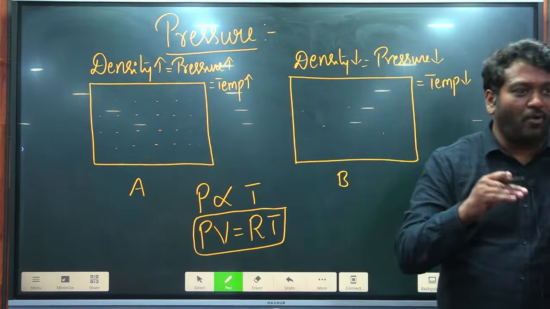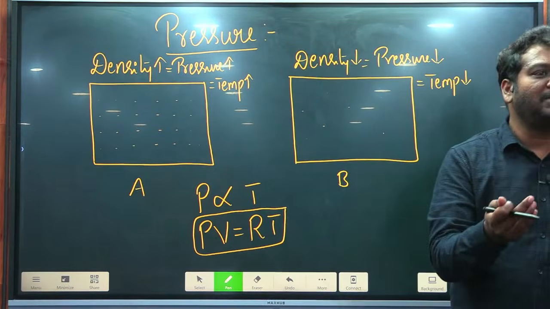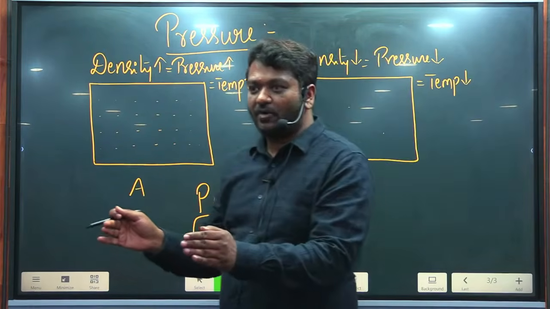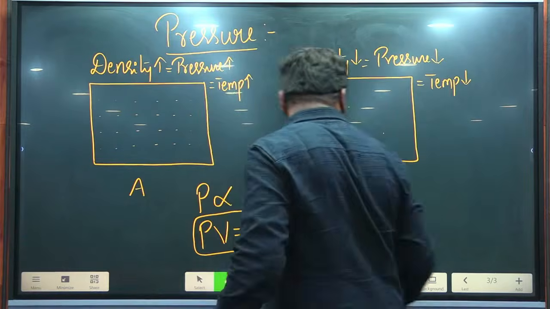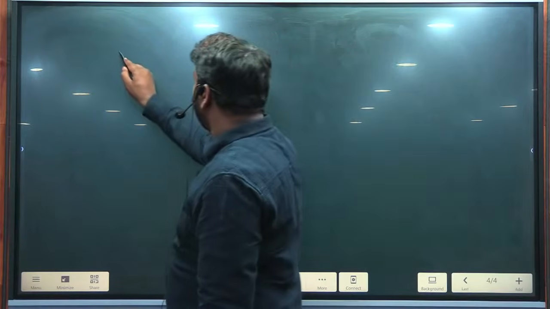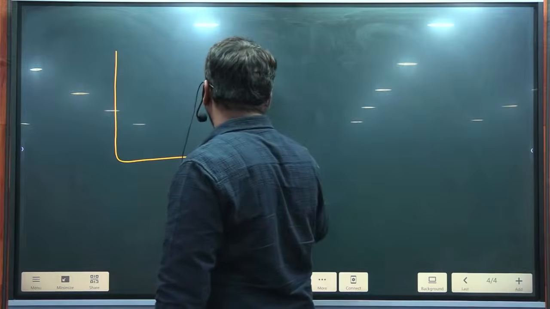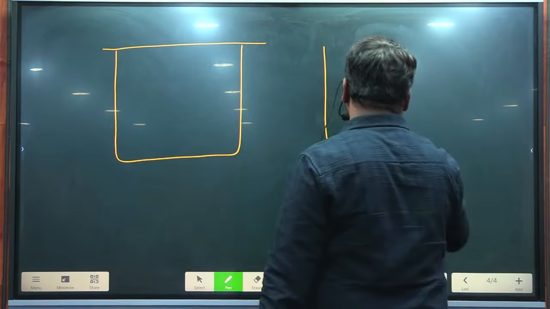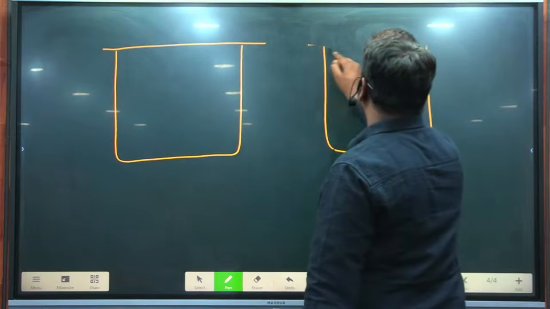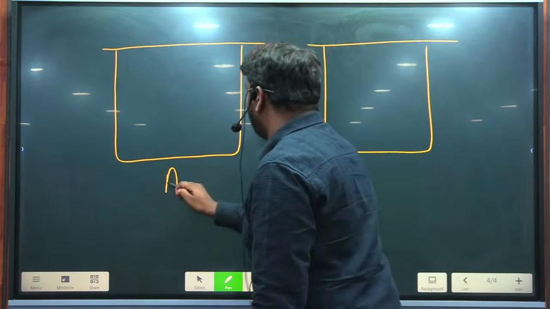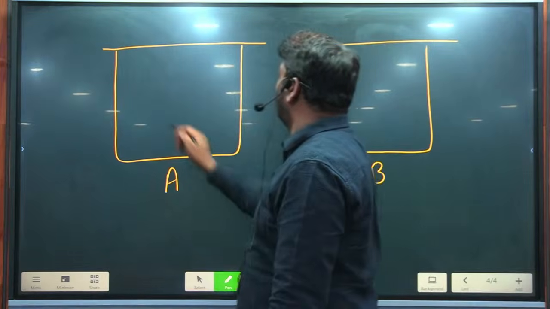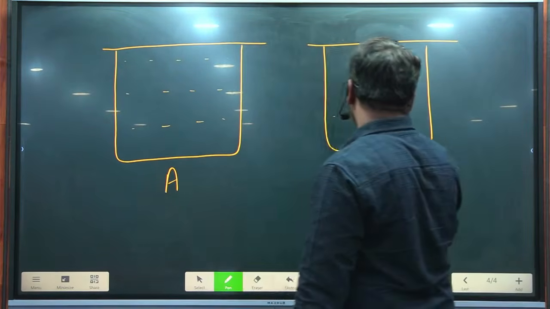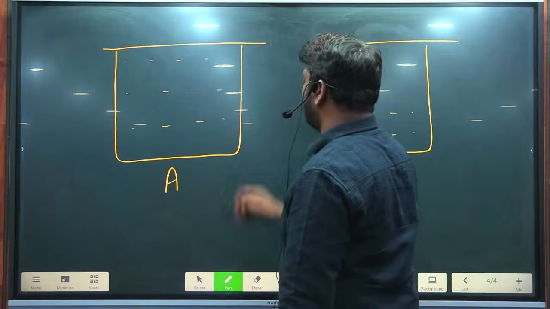Anywhere, if more particles are there, what is the meaning of that? High pressure. Wherever less particles are there, what is it? Low pressure. Now, I will take two cases, A and B. Yeah.